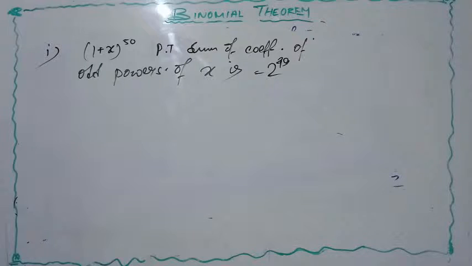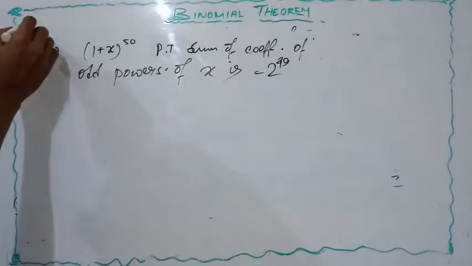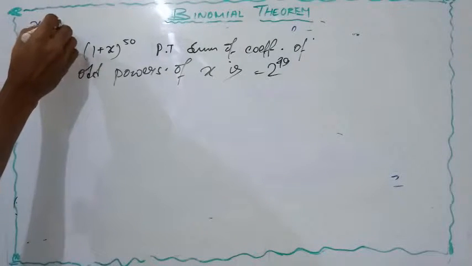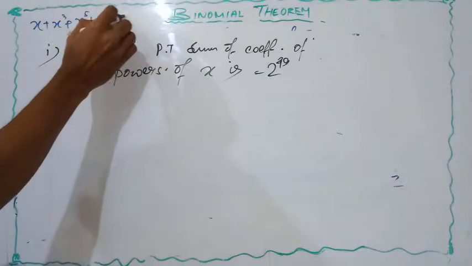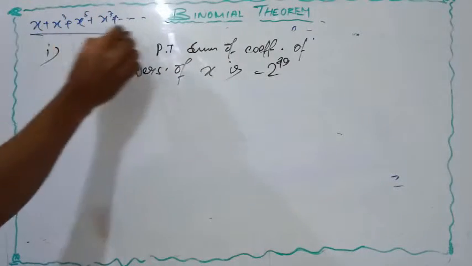So we have to prove the sum of coefficients of odd powers of x, that is nothing but x plus x cube plus x to the power 5 plus x to the power 7. In this way it will continue.